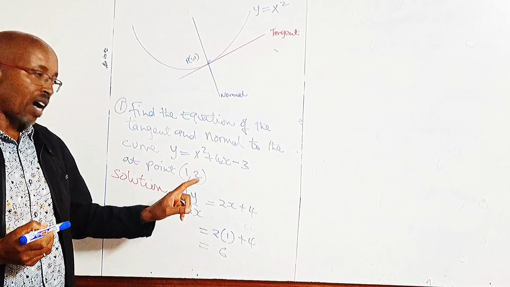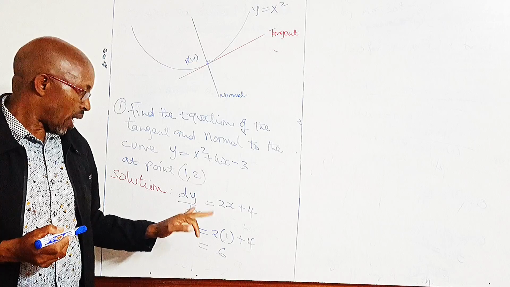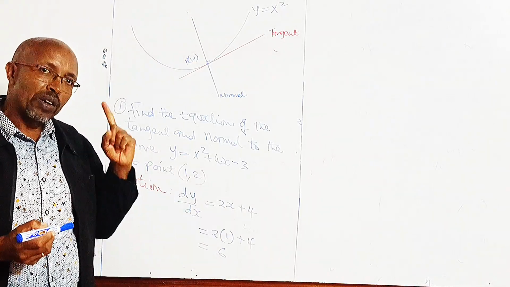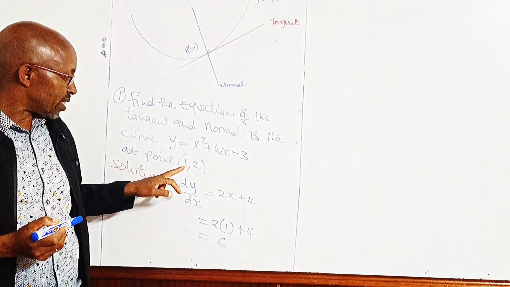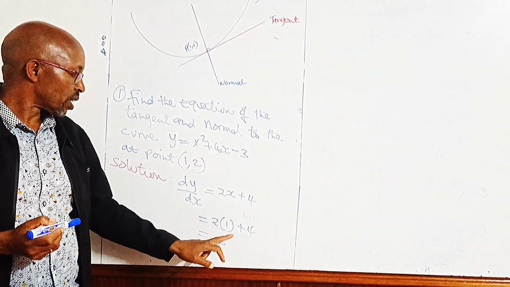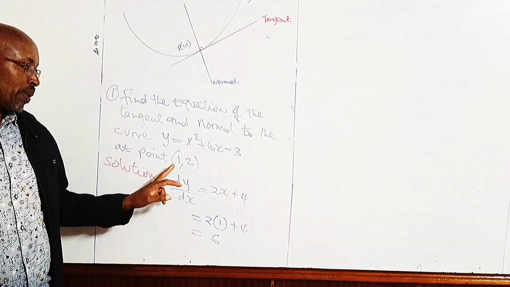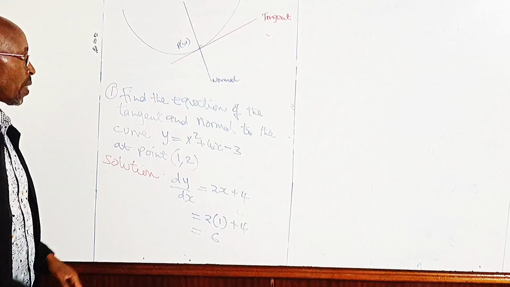That's the gradient of the curve at that point. We had the gradient of the curve at any point, which is 2x plus 4, but our question is based on this particular point (1, 2). So our x is 1. So we substitute x and we get that the gradient is 6.